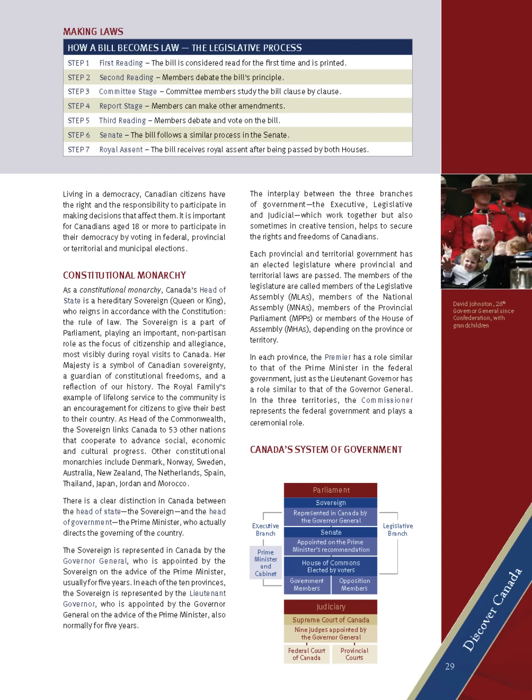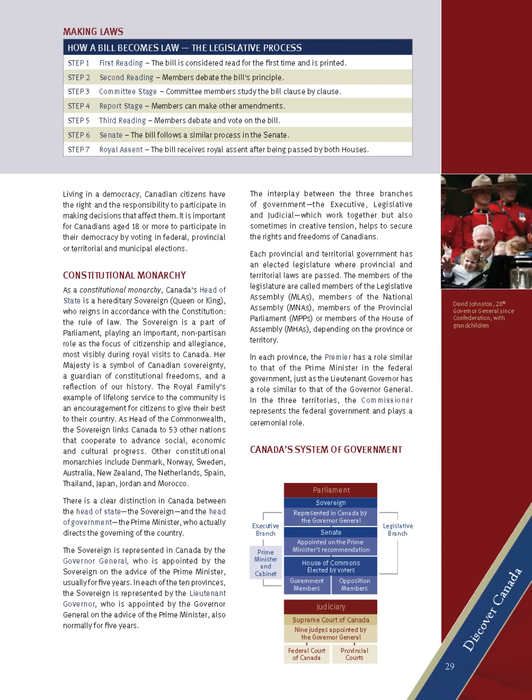The royal family's example of lifelong service to the community is an encouragement for citizens to give their best to their country. As head of the Commonwealth, the sovereign links Canada to 53 other nations that cooperate to advance social, economic, and cultural progress.